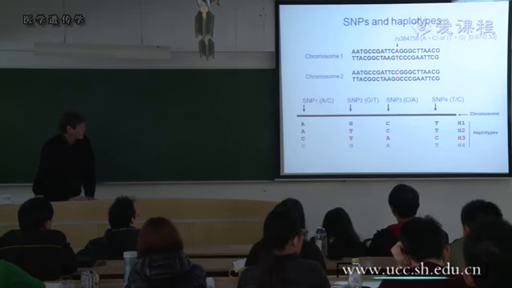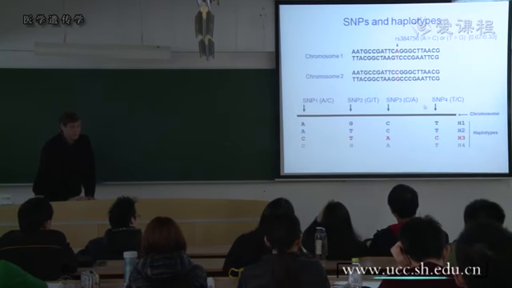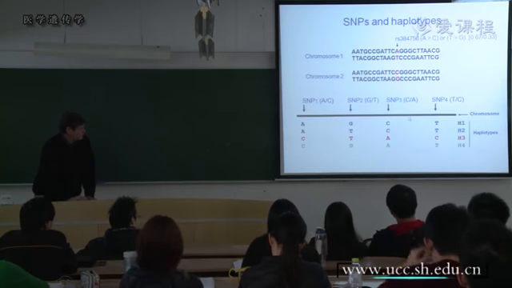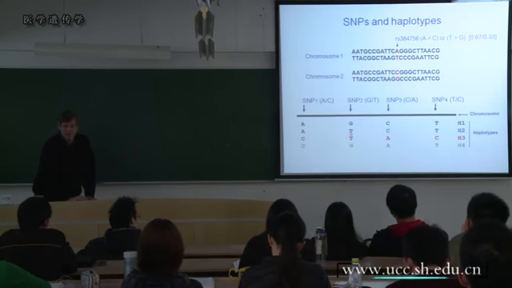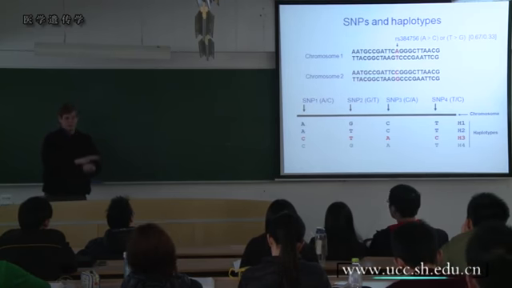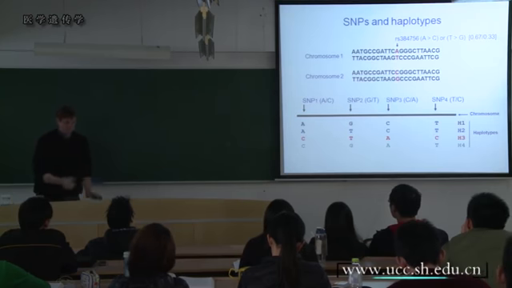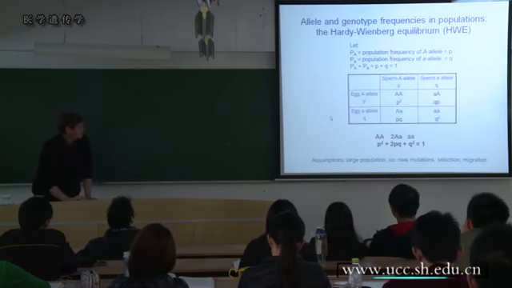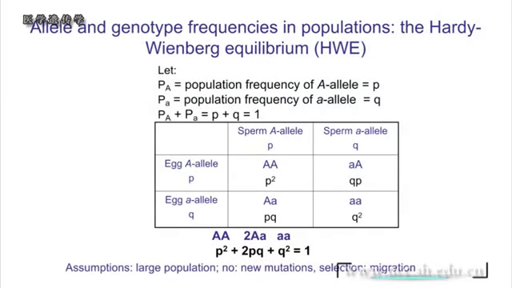The theoretically possible number of haplotypes would be 2 raised to the number of SNPs that you're looking at, so this would be 2 to the 5th power. But in actuality, you tend to find 2 or 3 major haplotypes, and all the others are either not detected at all or found at much lower frequencies. I'll explain in a minute why that's the case. Okay, so that's SNPs and haplotypes.